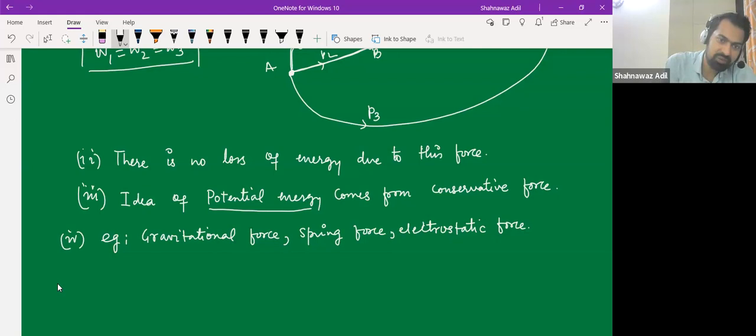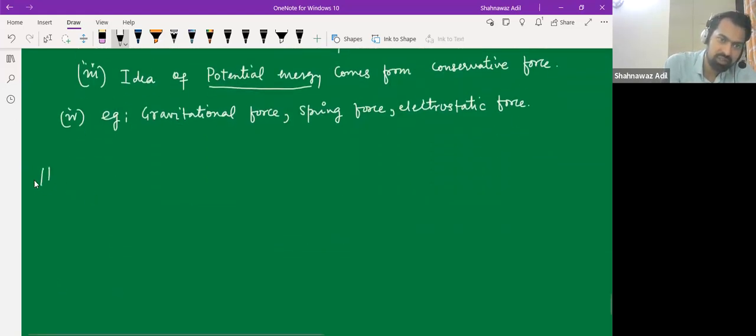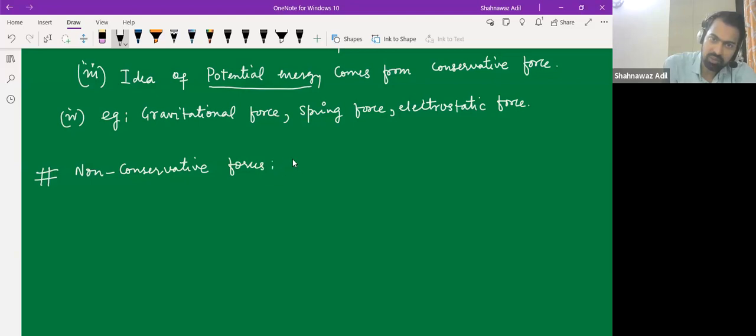The examples of non-conservative forces are tension and friction.